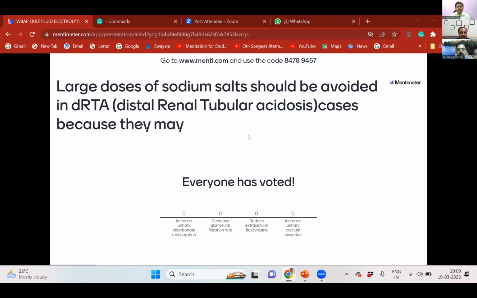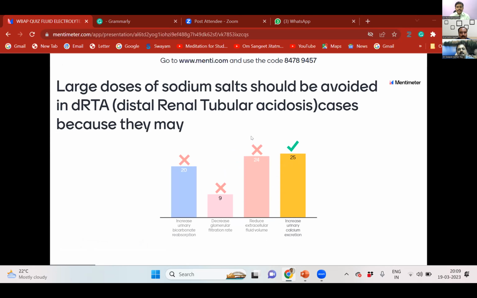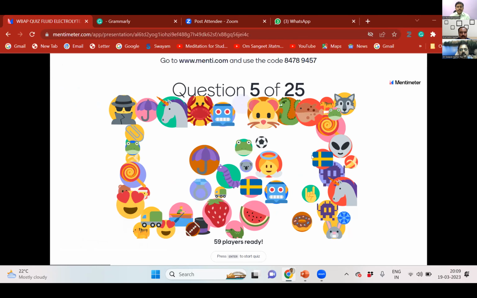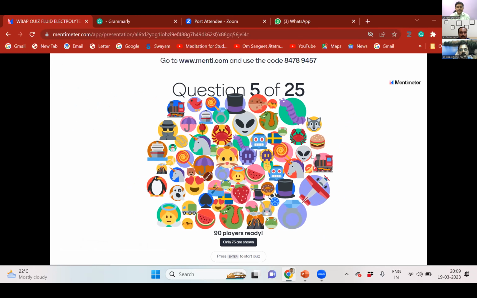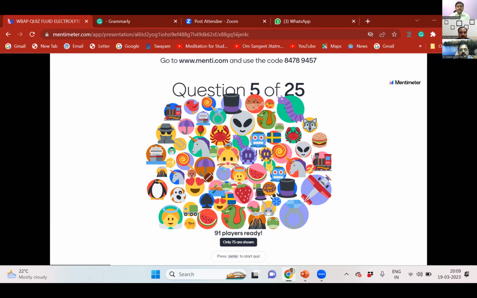So everyone has voted. Very nice. So the correct answer is here, increase urinary calcium excretion. Fifth question will come. So fifth question is now on.